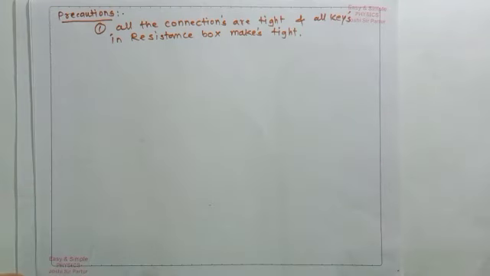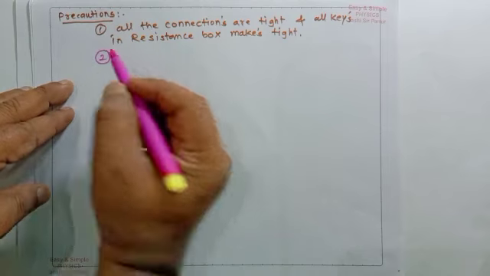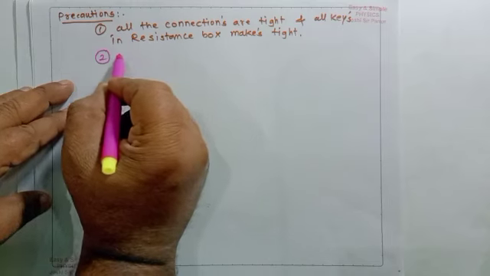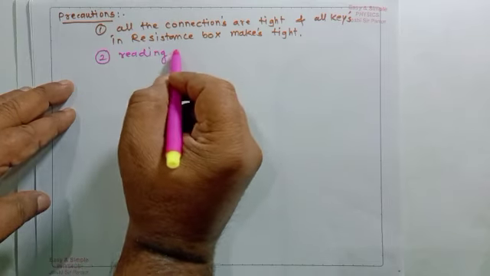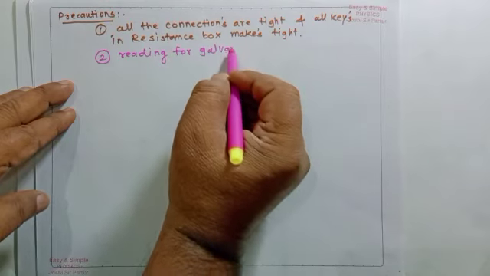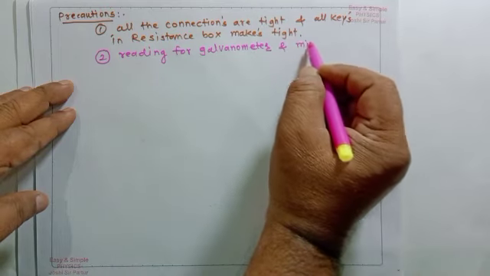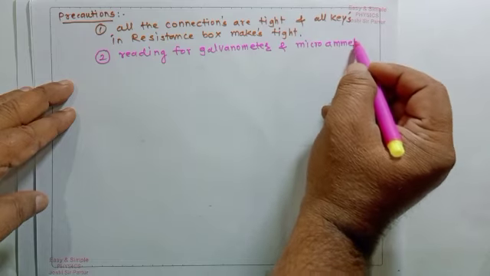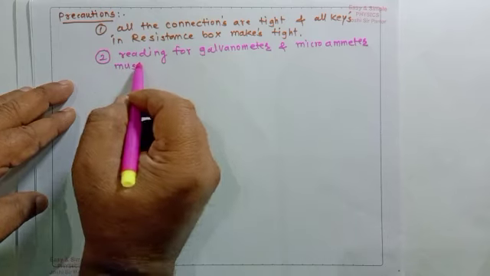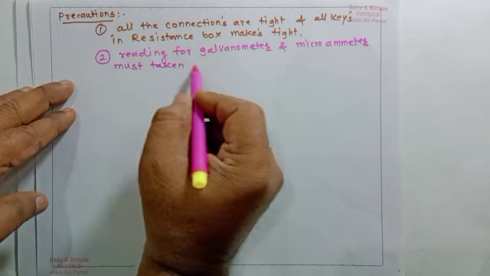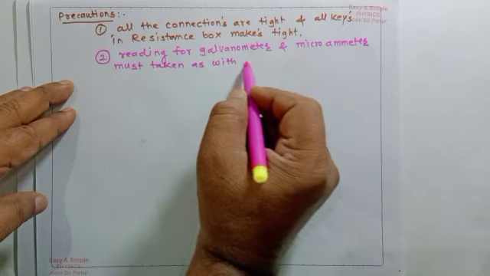Second thing is precautions for the experiment to determine the current sensitivity, that is, readings for the galvanometer and microammeter must be taken without parallax.